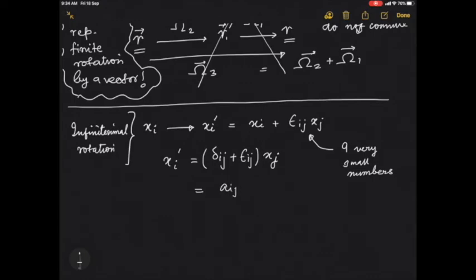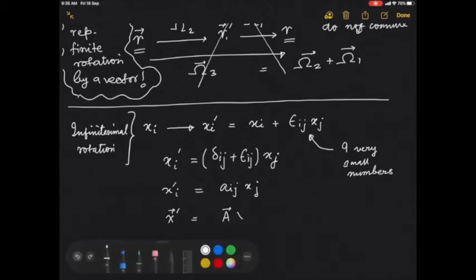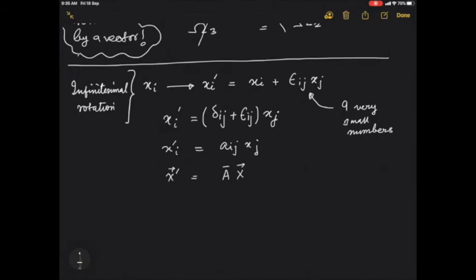So now you see that this has the form aij xj, the exact same form as the rotations we have seen with the matrix A. So this has the form x prime equals Ax. This A is again not a vector, obviously. It's the orthogonal rotation matrix that we have been talking about so far.